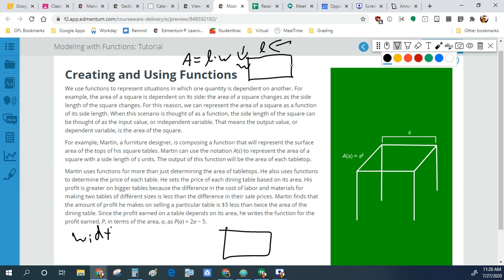The width is 5 less than twice the length. I don't know how to spell, guys. Don't judge me. I'm not an English teacher.